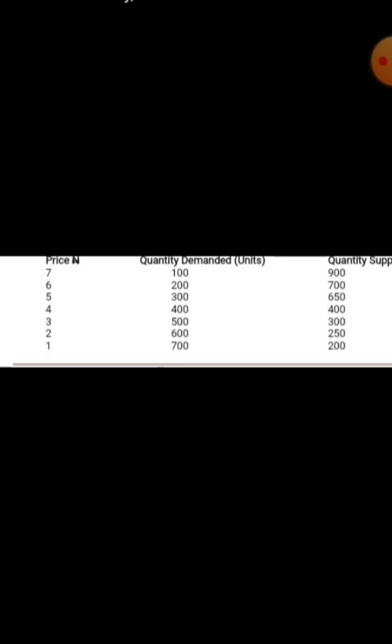Where we have 7 naira as the price of the product, the first price, we have the quantity demanded to be 100 and quantity supplied to be 900. At 6 naira, 200 for the quantity demanded, 700 for quantity supplied. Then like that on and on.